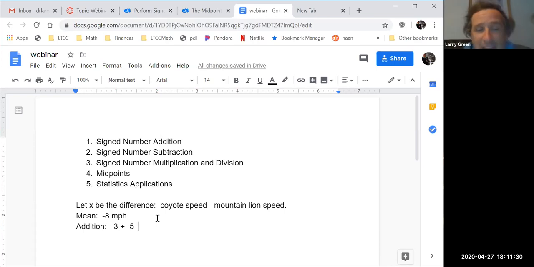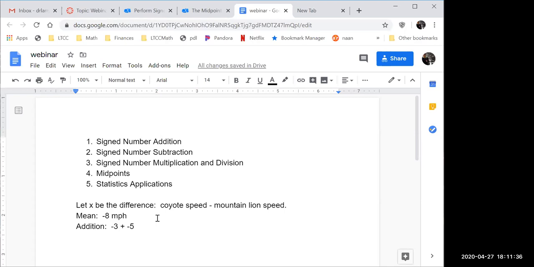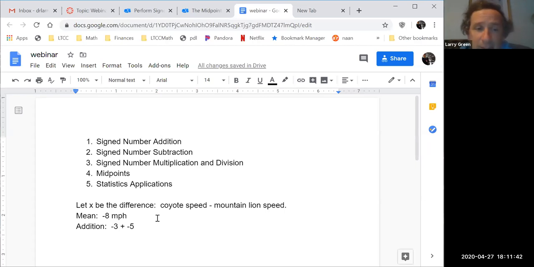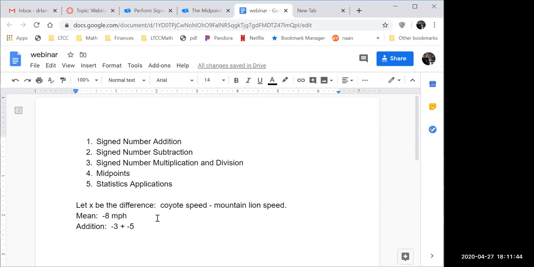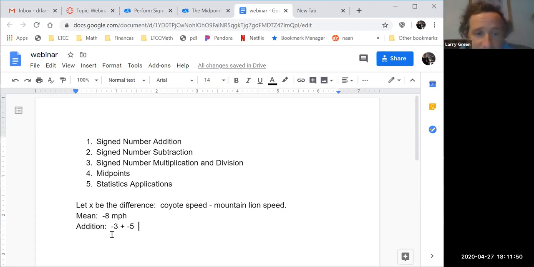Who remembers how to add those numbers in your head without a calculator? Anyone remember that? If you don't, that's okay, but if you do, chime in. So if they're the same signs, let's write this out in words.